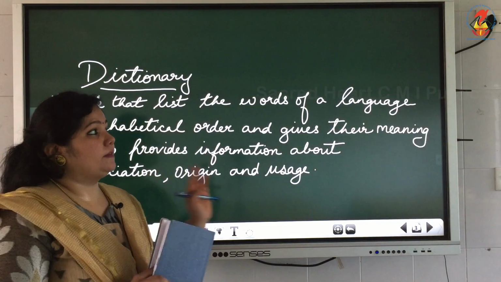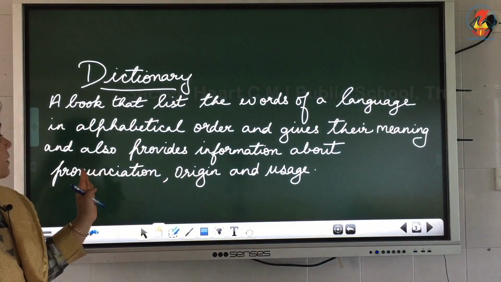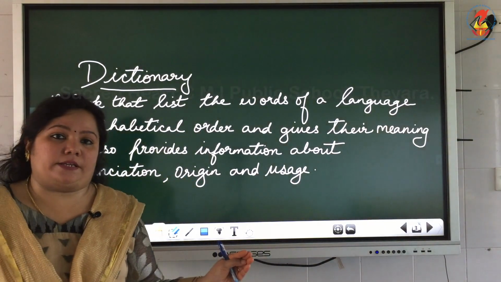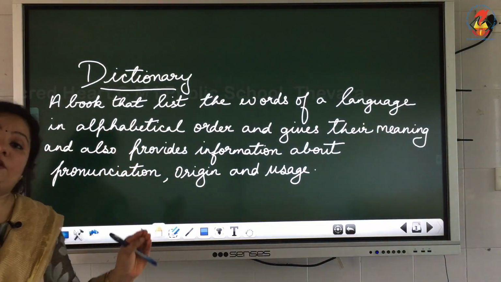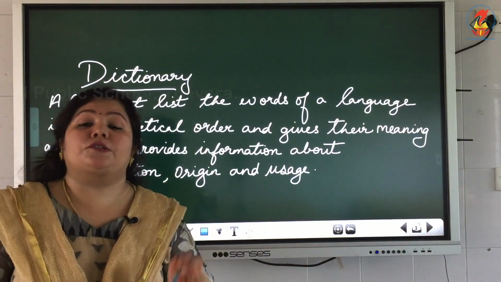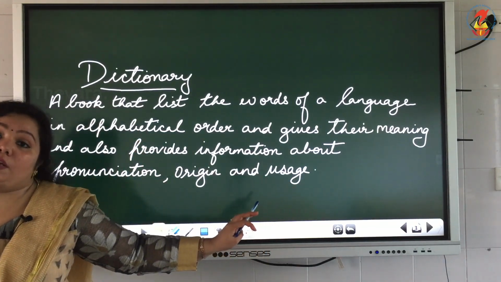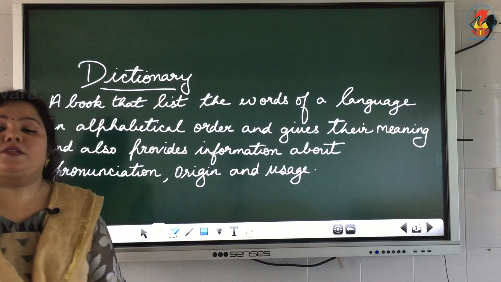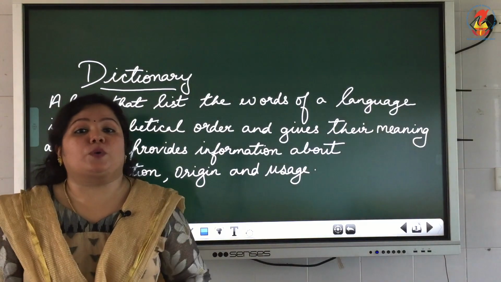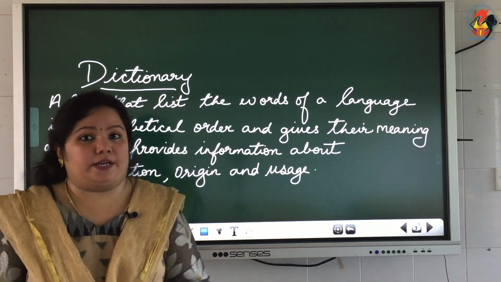Okay, so it is not just the meanings that you can find in the dictionary, you can find the pronunciation, how the word is pronounced and what is the origin of the word or how the word is formed, and also you can find information regarding how to use the word, the usage of the word. Okay, this is a very handy book which you can always look back to when you have any doubts regarding any word that you are learning.